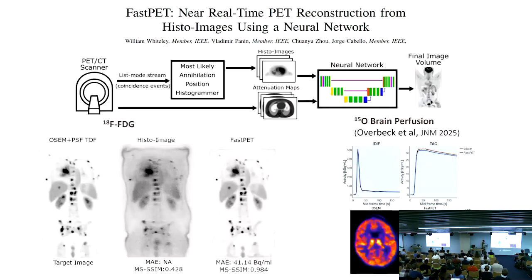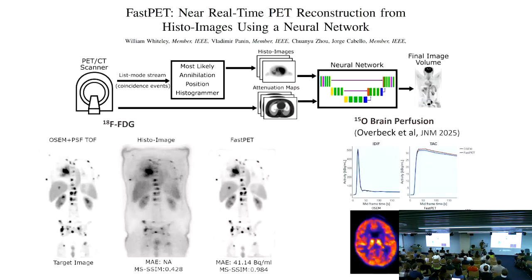Basically, it's just back projection of data into image space. Using the attenuation map, they send it to a U-Net, and that network is trained to mimic a fully corrected PET reconstruction. I see it as an image-based attenuation and scatter correction, because from here they try to map to this image.